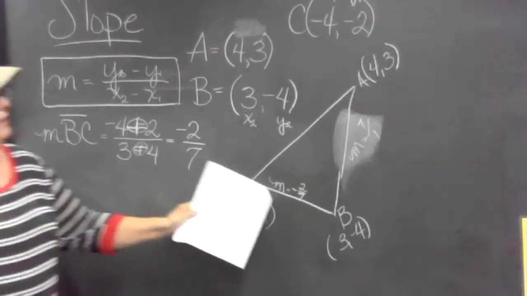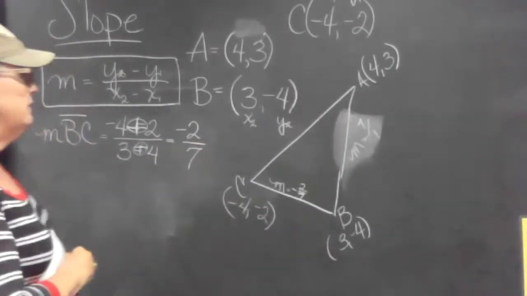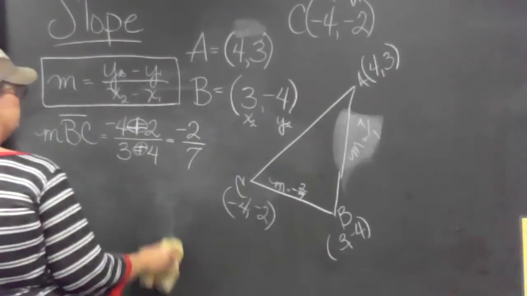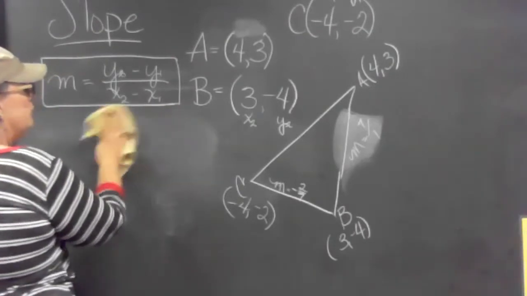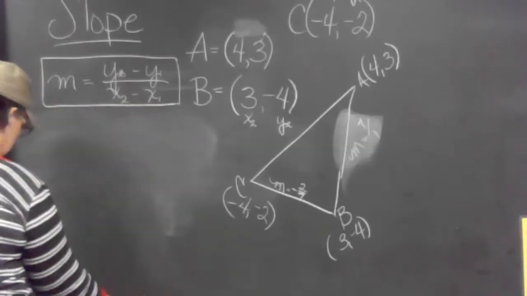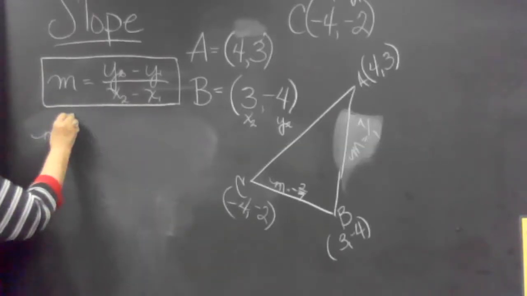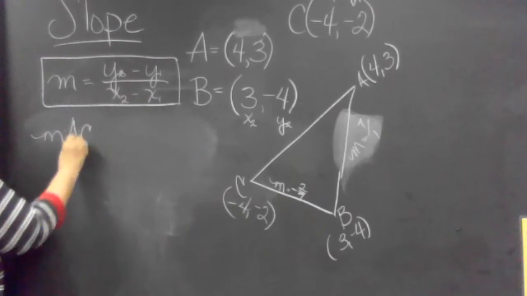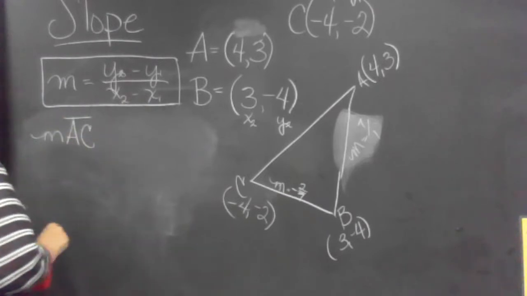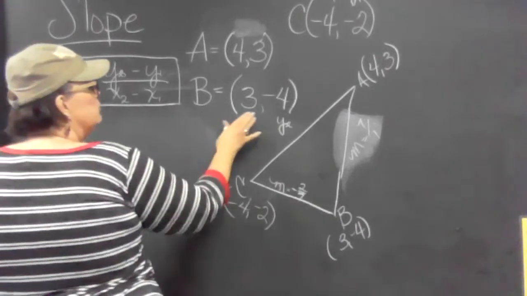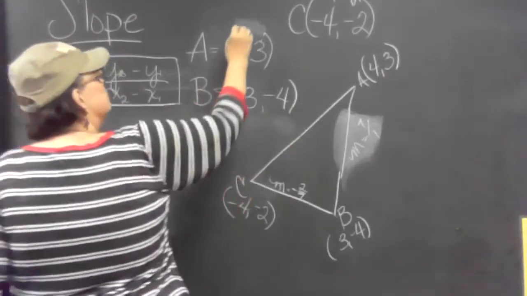And then because this triangle has 3 sides, now they want the slope of AC. We've got coordinates for all the points. We want the slope of segment AC. So we don't need to deal with the B anymore.